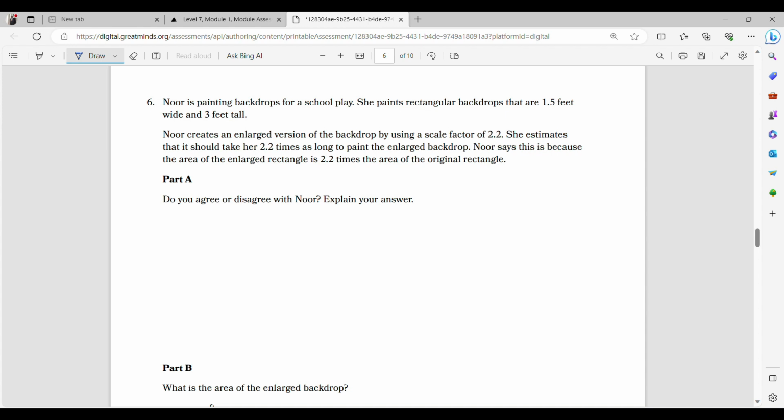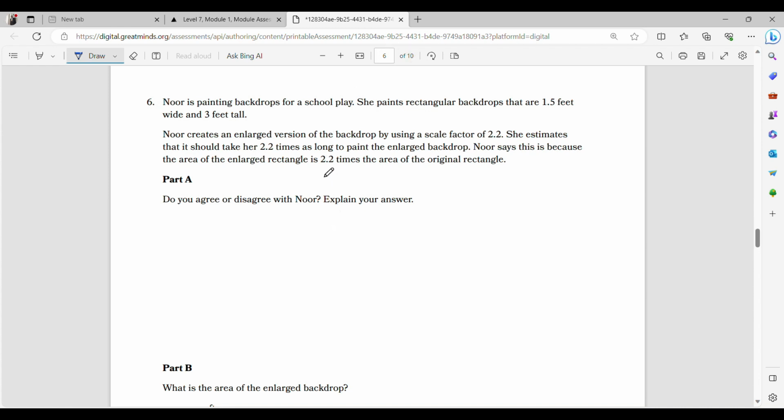She estimates that it should take her 2.2 times as long to paint the enlarged backdrop. Nora says this is because the area of the enlarged rectangle is 2.2 times the area of the original rectangle.